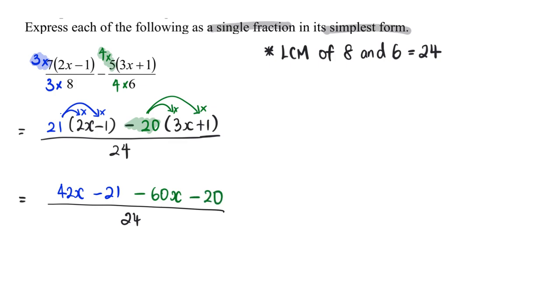Negative 20, such that the final answer here, 42x minus 60x, this will give me negative 18x. Negative 21 minus 20, this will give me negative 41. And there's no way I can factorize the numerator. This would then be the final answer in its simplest form.